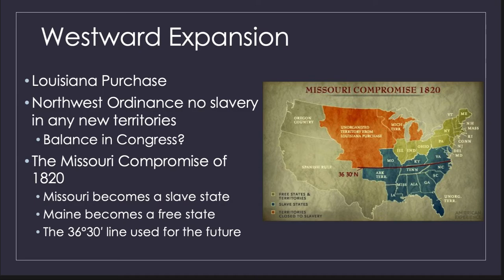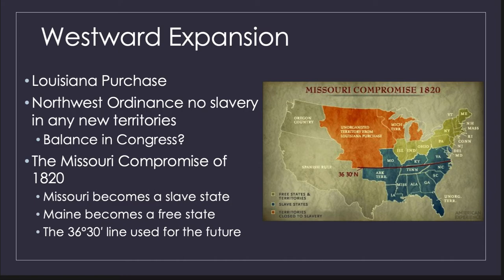Now, that sounds easy. Henry Clay, when he comes up with this compromise, thinks that he's got it, he's cracked the code. But what he doesn't realize is what you and I can see when we look at this map: there is a significantly greater amount of land above the 36°30' line than there is below.